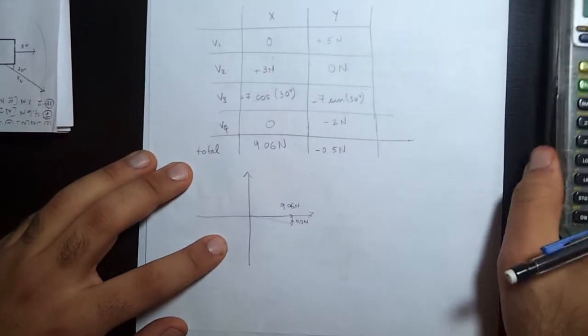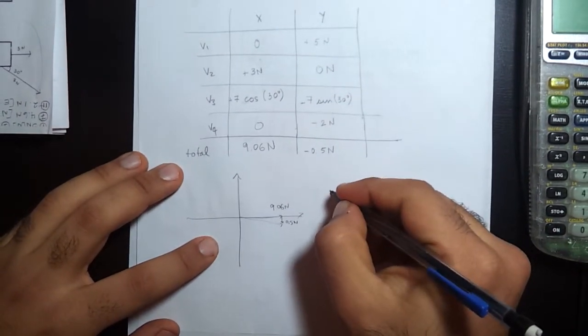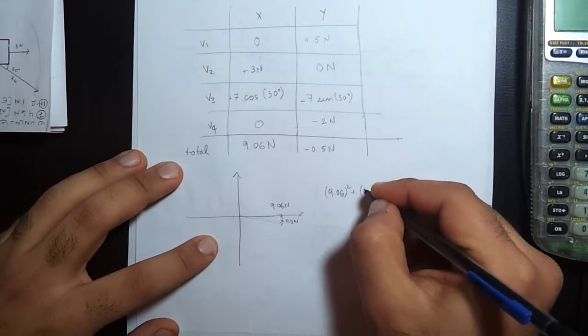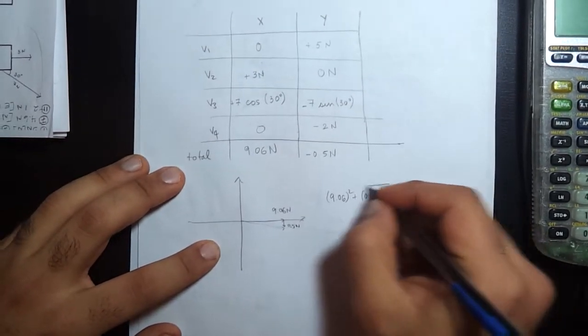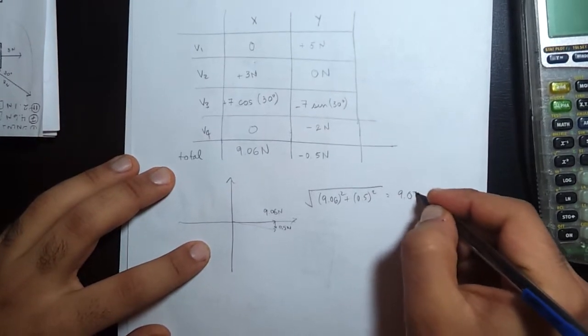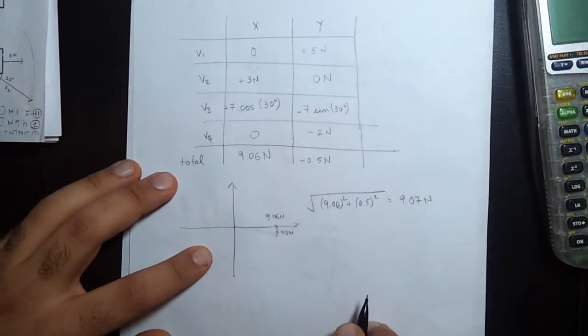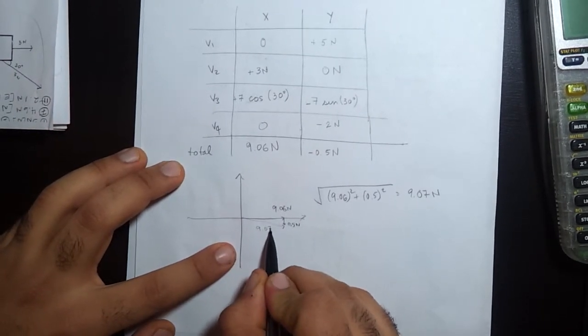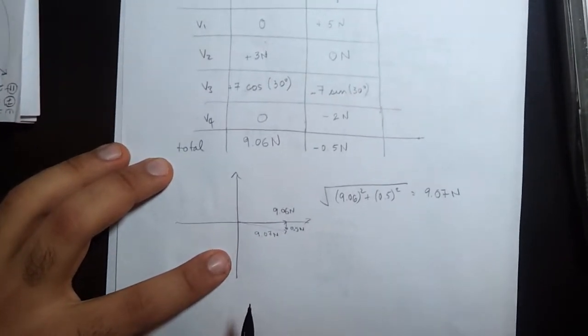And to find that magnitude, we just have to use Pythagoras. So 9.06 squared plus 0.5 squared, all that square rooted gives us 9.07 newtons. So the magnitude of this vector is 9.07 newtons.